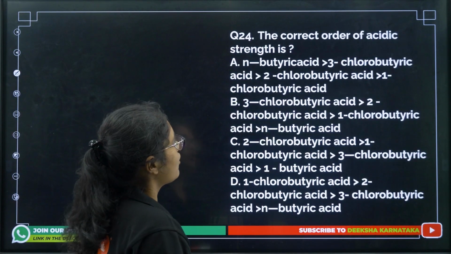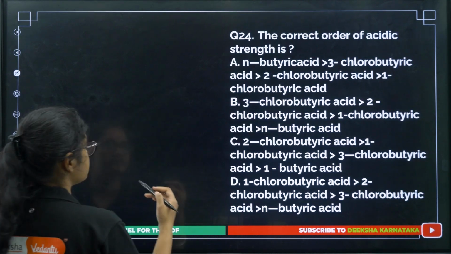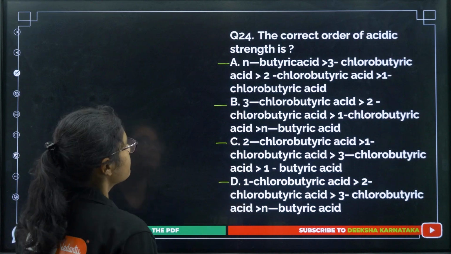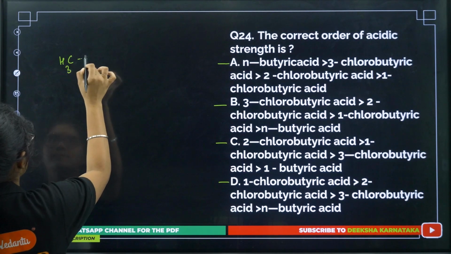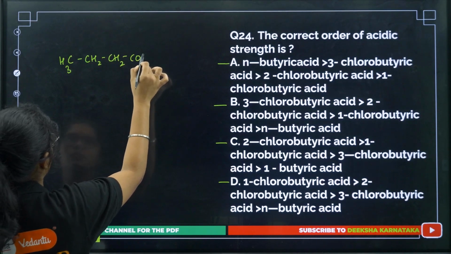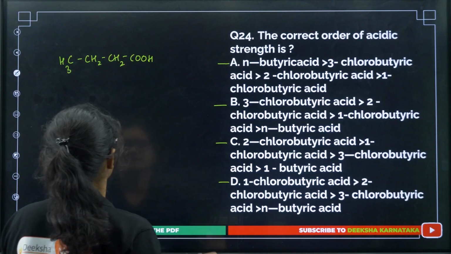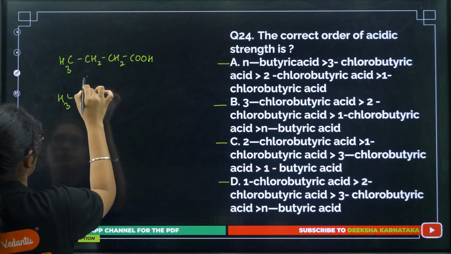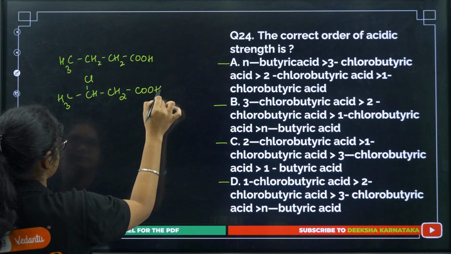Next, the correct order of acidic strength is, so N-butyric acid. Let us first write down the structures of all the compounds. So this is option A, B, C, D. N-butyric acid means normal, you have CH3CH2CH2COOH. Next you have 3-chloro-butyric acid.